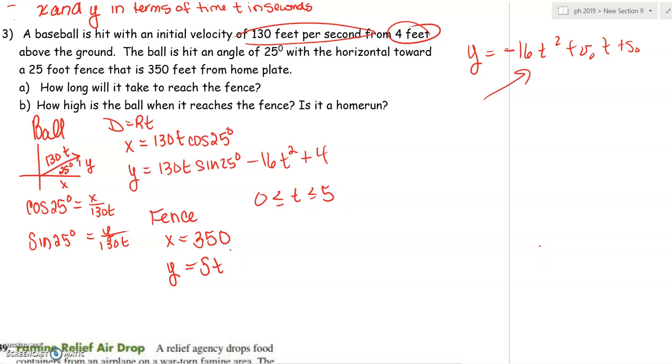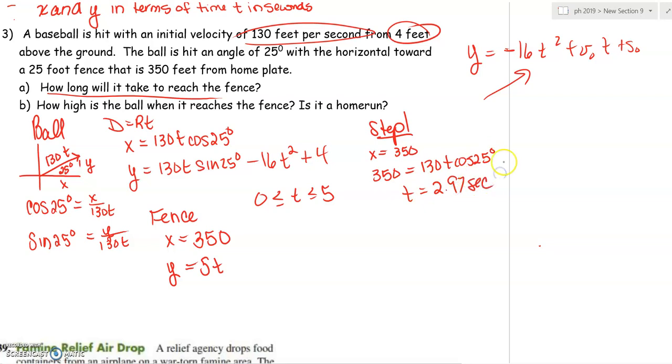So let's think about the algebra. Step 1, I want to know how long it takes to reach the fence. So when x equals 350, that's how many feet away the fence is, I need to find t. If I type this into my calculator, it took 2.97 seconds to reach the fence.